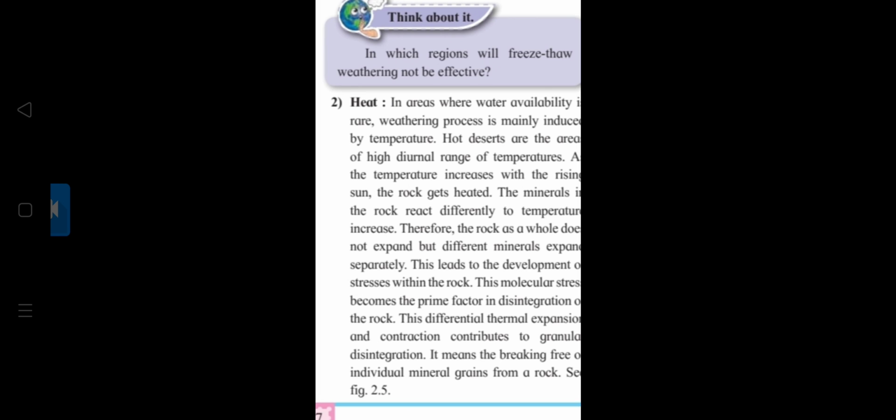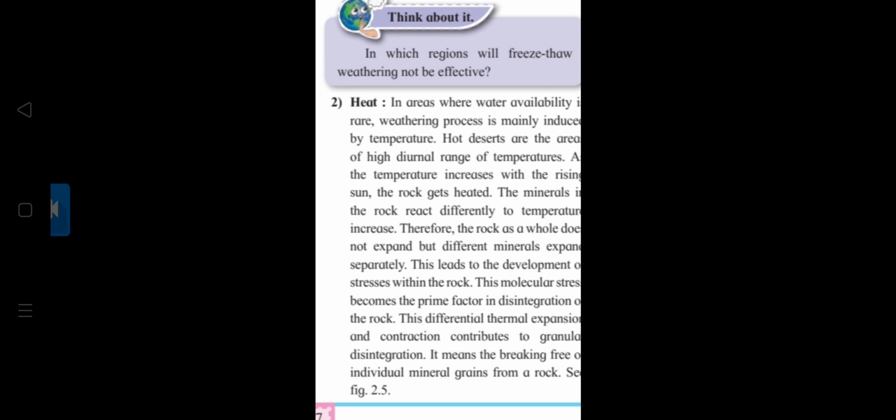The minerals within the rock expand separately. This leads to the development of stresses within the rock. There are different kinds of stresses; cracks or fissures or cuts can form. There's tension.